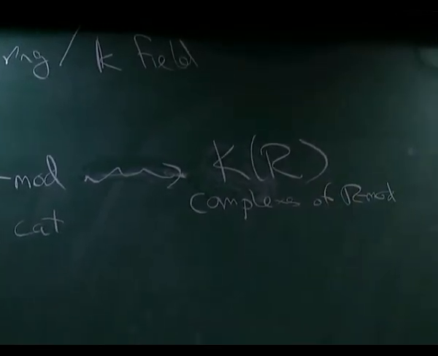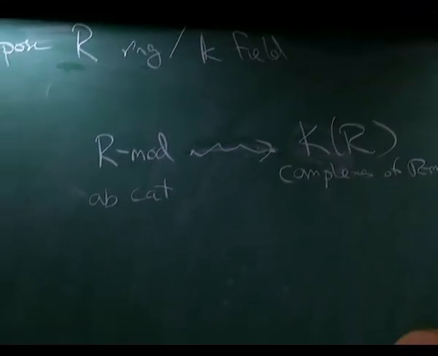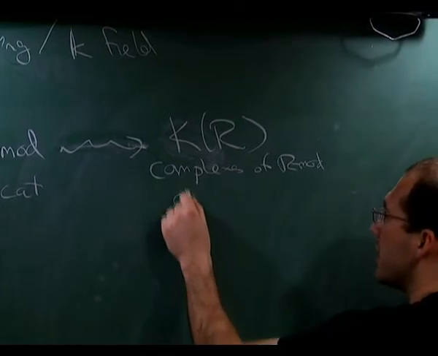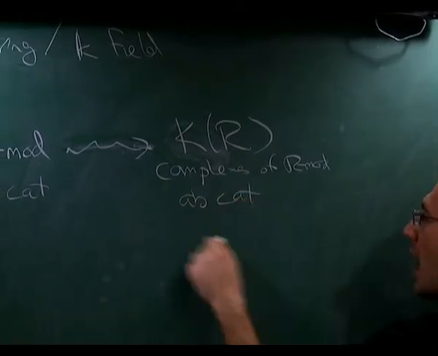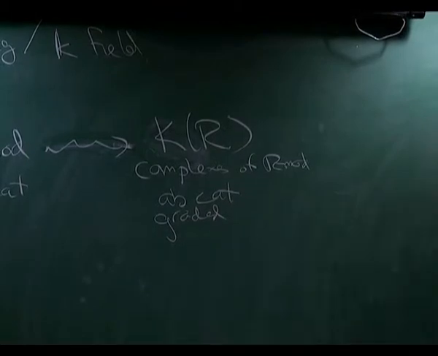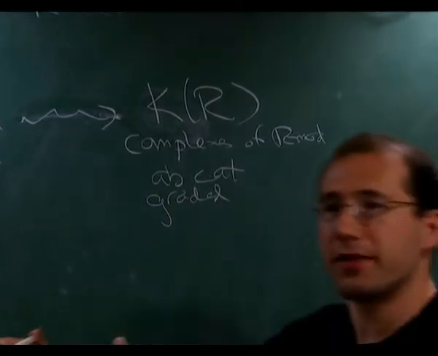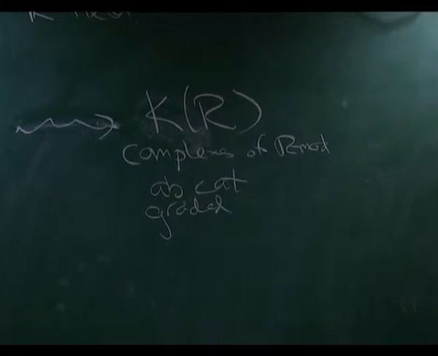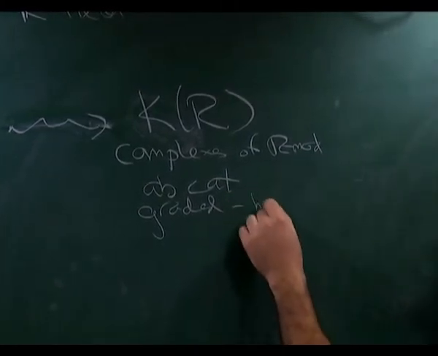Now this is also an abelian category. Given two complexes, you can take the kernel complex, you can take the cokernel complex. So this is still abelian, and it's graded in the sense that it has a shift, some sort of Z isomorphism, and this is the homological shift.